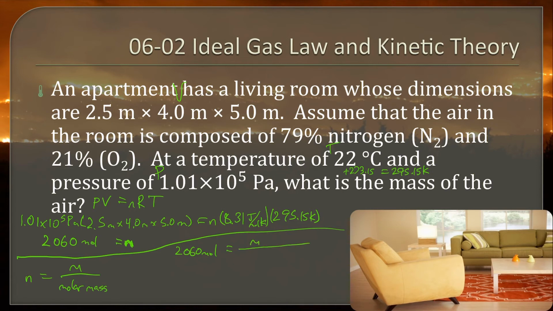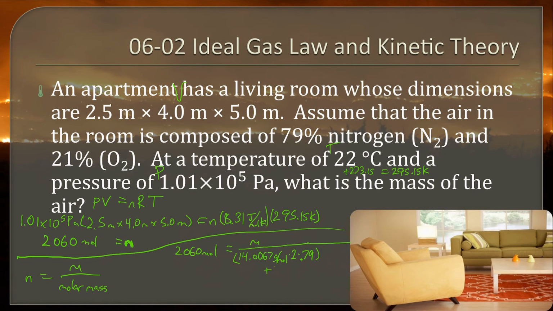For our molar mass, we've got nitrogen. From the periodic table, its molar mass is 14.0067 grams per mole. But it's N2, so there's two of those, so I'll multiply by 2. But it's only 79%, so I'll multiply by 0.79. So that's our nitrogen.